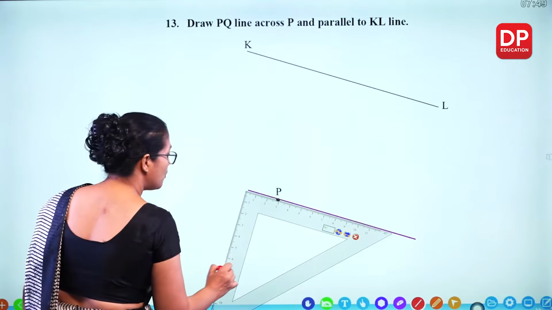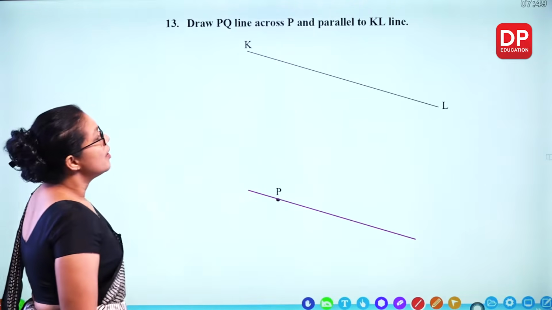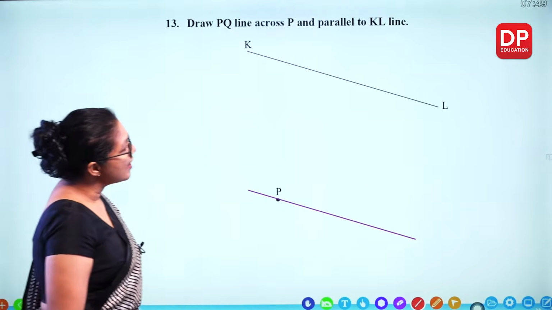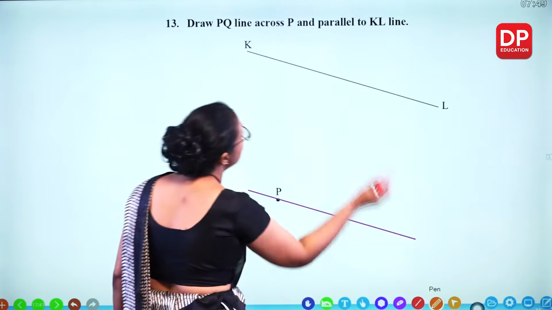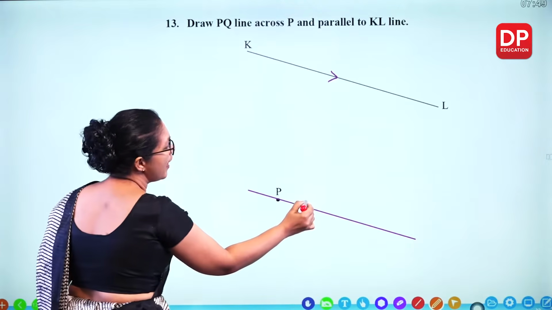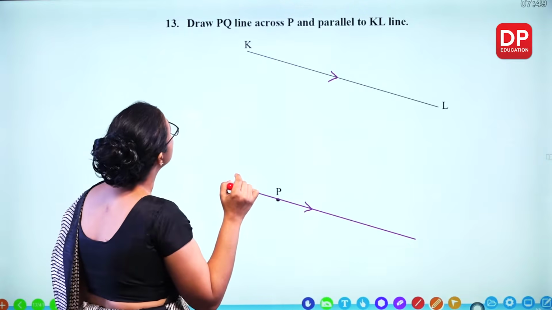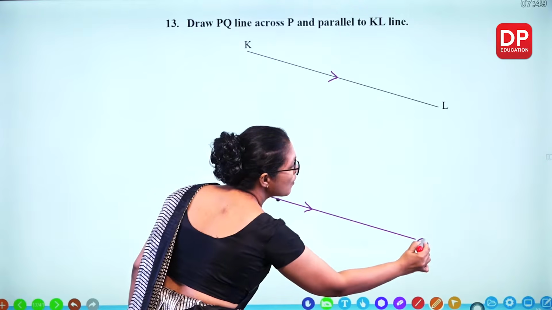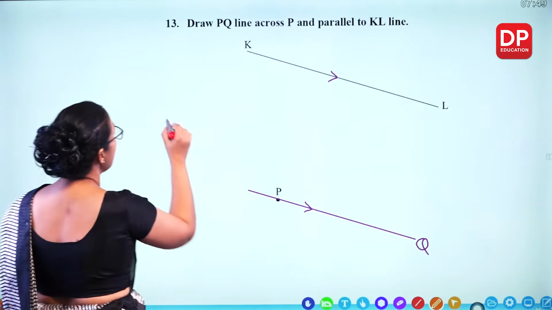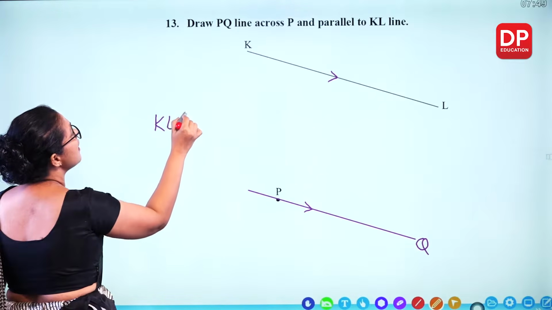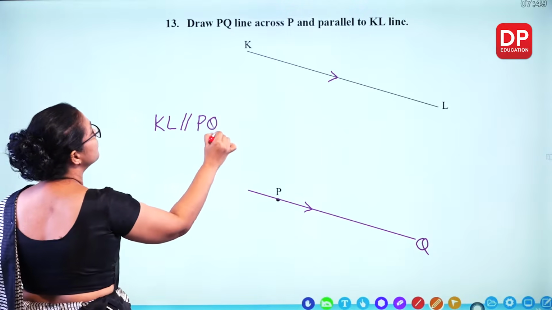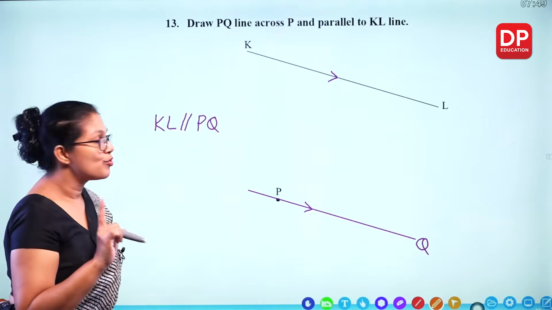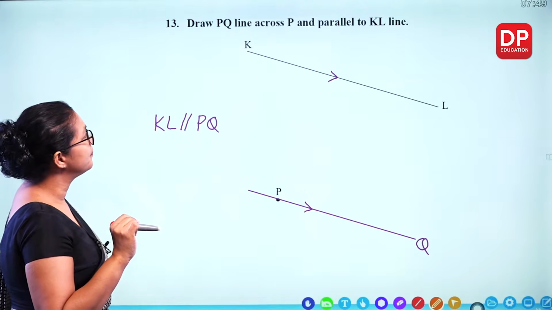And you can remove the two and see whether these two lines are parallel. So these two lines are parallel. We can put an arrowhead like this. So what's the line? PQ. So I can write KL line is parallel to PQ. So this line passes through the point P.